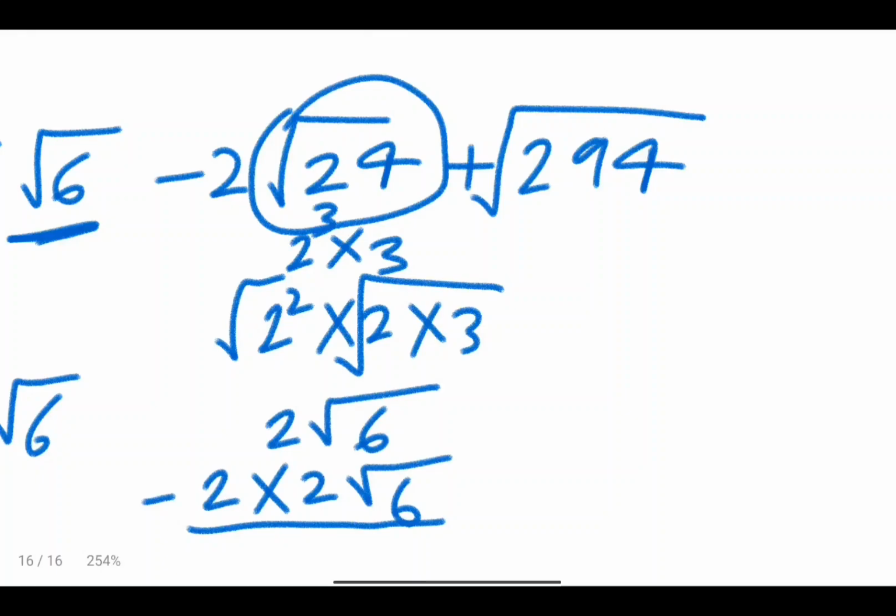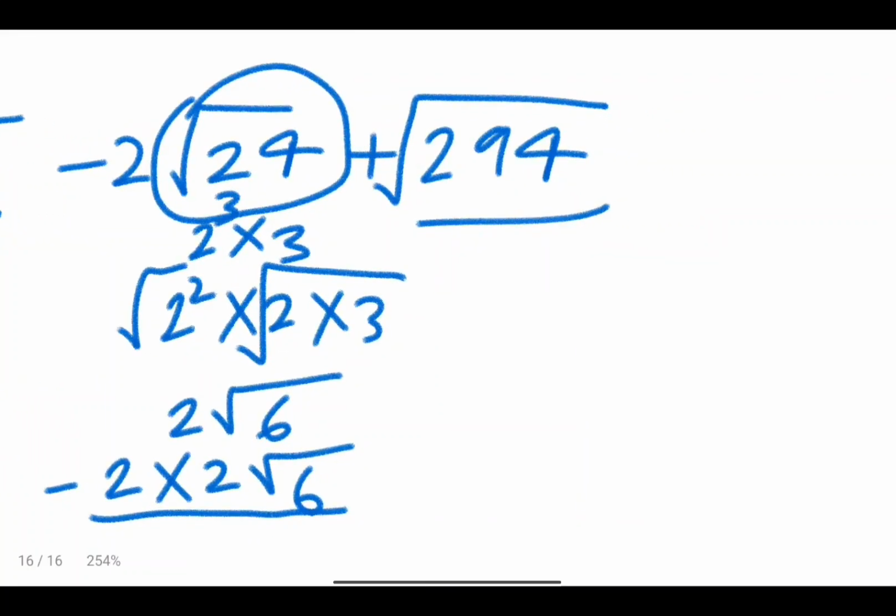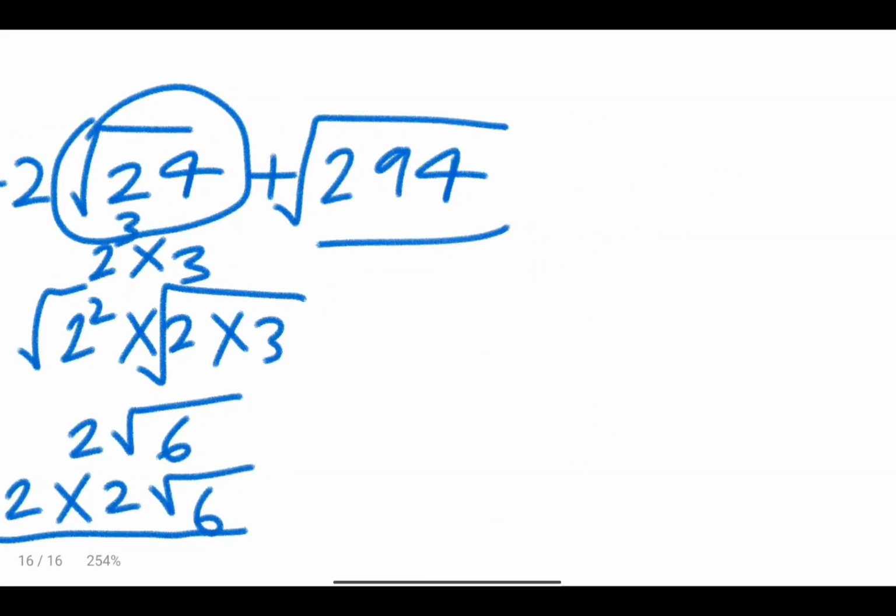Now we come to this term, this one right here. It's a big term, but let's just use the calculator for this. This is actually a big term, but surprisingly, it is the same as this. Funny, right?